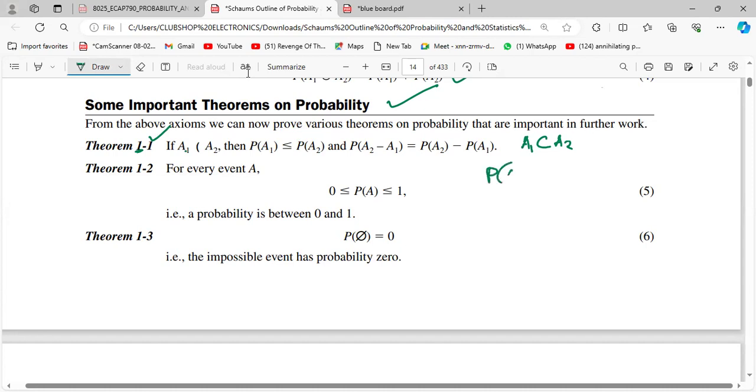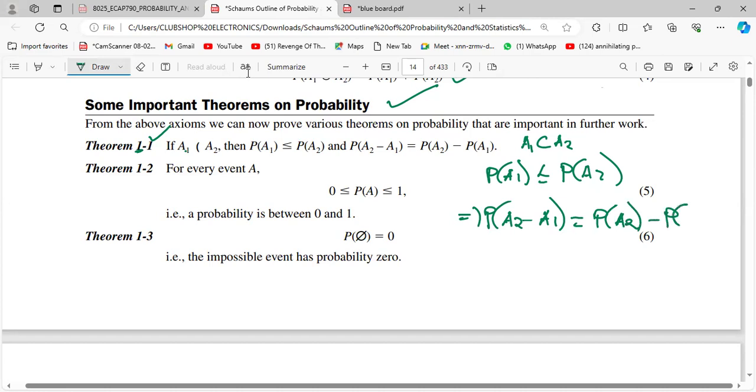Then probability of A1 must be less than or equal to probability of A2, right? And because A1 is in A2, we can subtract A1 from A2. So this is the same as probability of A2 minus A1, which is equal to probability of A2 minus probability of A1. This one we must see.